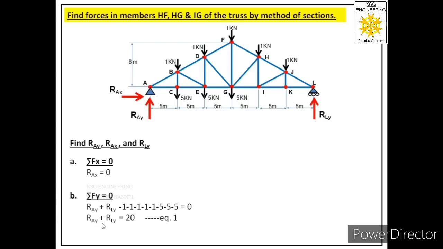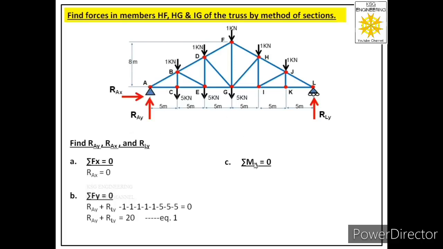In this equation we have two unknowns, so we cannot solve it yet. Let us call this equation number 1 for the time being. Let us apply the third equation, that is summation M equal to 0, and let us take moment about joint A. Now in this truss in total we have 11 forces, but these two forces are acting at joint A, so their perpendicular distance from the moment center is 0, so we will get rid of these two forces.